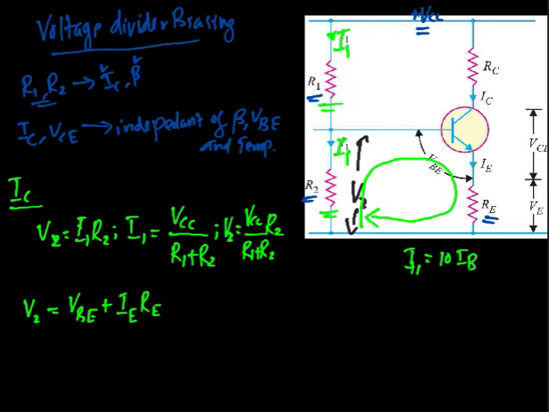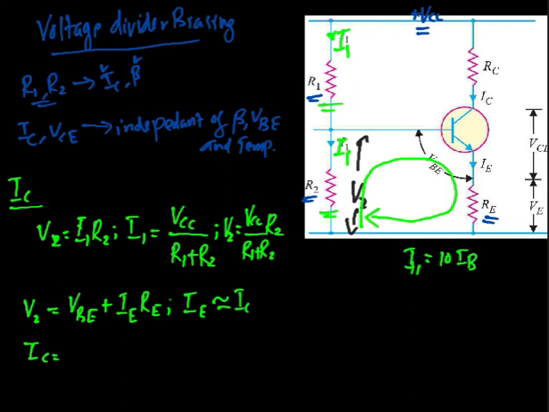This is Kirchhoff's voltage law applied to the input circuit of the base emitter junction, and we know that IE is approximately equal to the collector current IC, so we can replace this IE by IC.